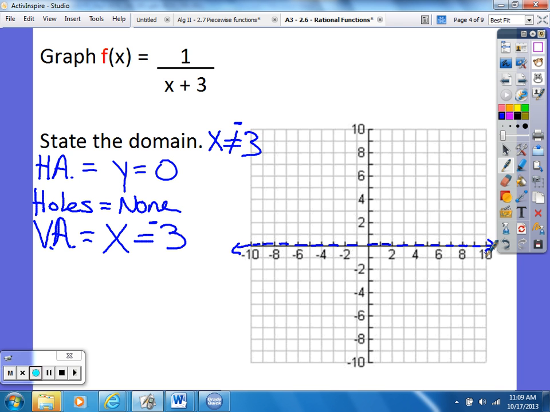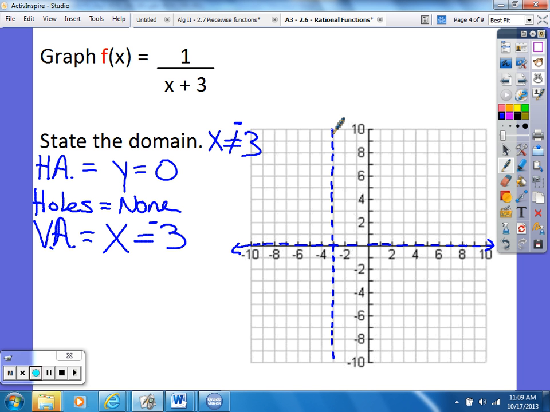What else do you think I'm going to put on there? The vertical asymptote at negative 3, right? Yes, always put your asymptotes on as dotted lines. Regular lines are part of the graph. Dotted lines are just helping us to guide the graph.